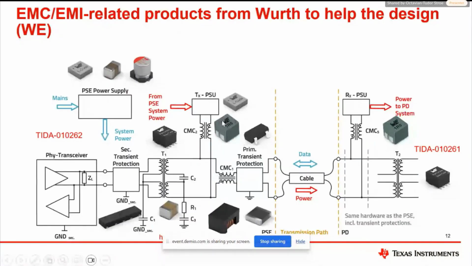We have common mode choke 1, which is used to attenuate any common mode noise coming from the data line to the PHY, and if there is any kind of noise in the PHY area, it also helps to filter the noise going out from the PHY. Now, the DC power of the power sourcing equipment is coupled onto the differential data lines and then decoupled by common mode choke 2.